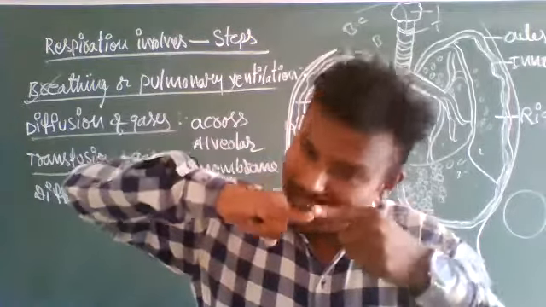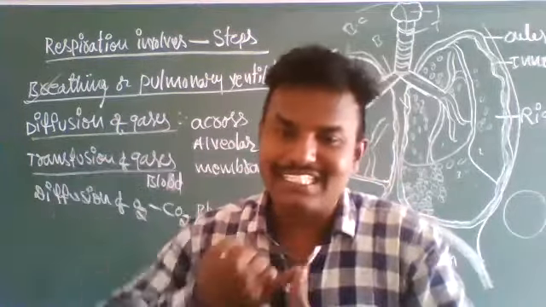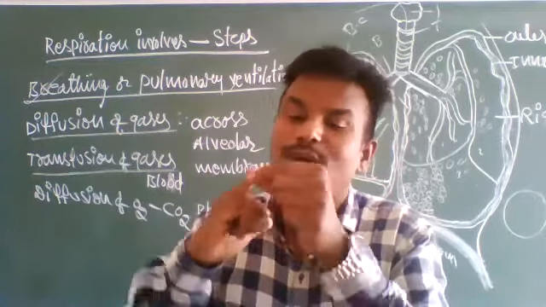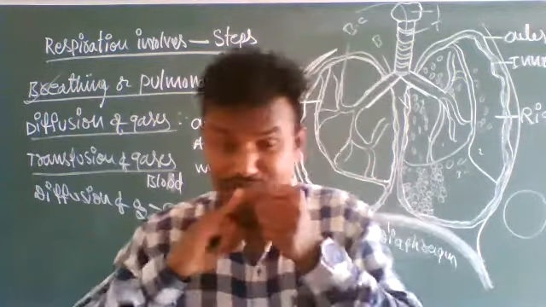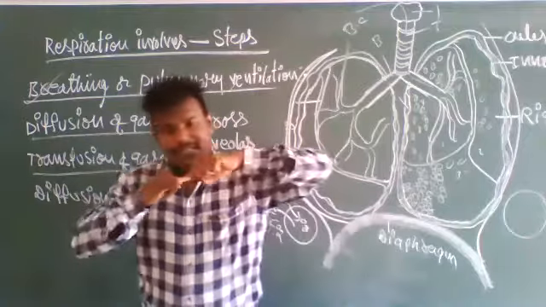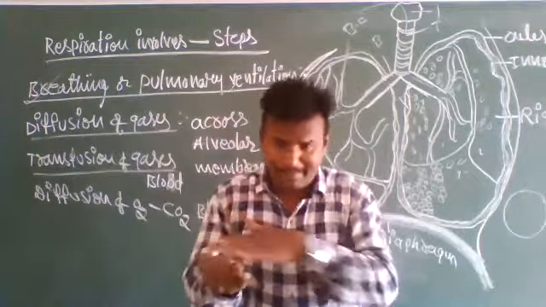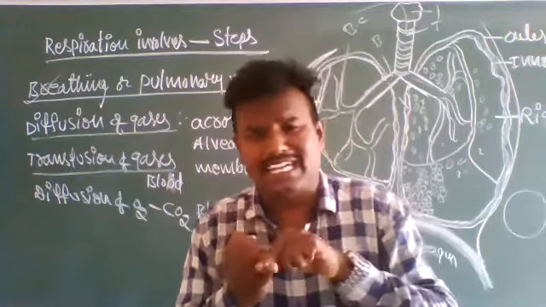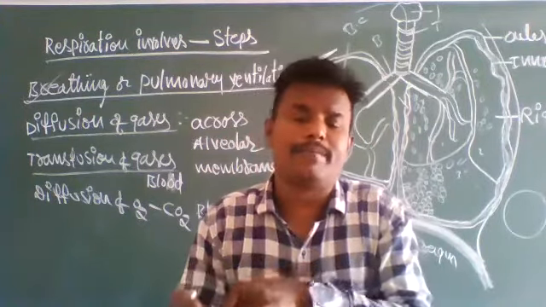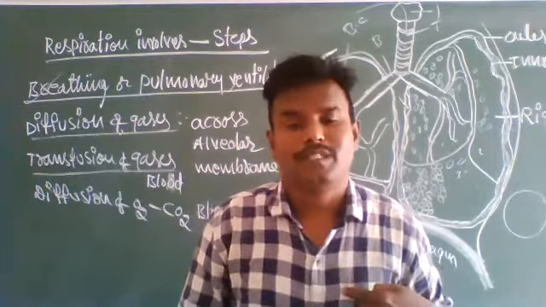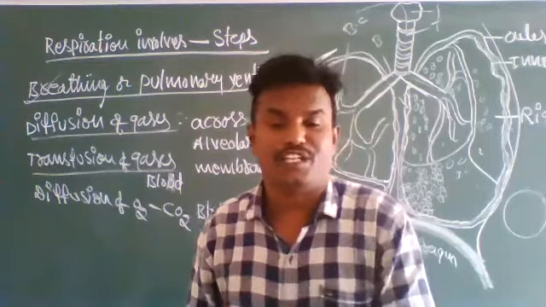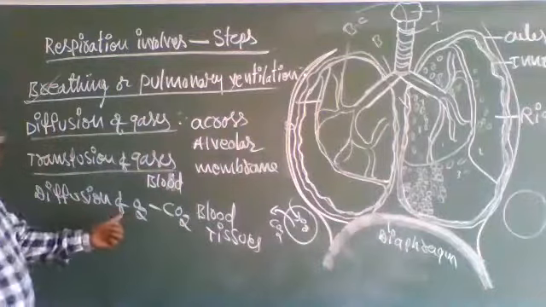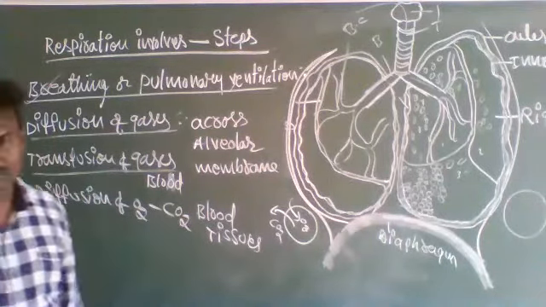Here also oxygen comes, is utilized, and carbon dioxide is released. The carbon dioxide, by blood, reaches the heart, and from the heart to the lungs for purification. Like that, diffusion of oxygen and carbon dioxide between blood and tissues.